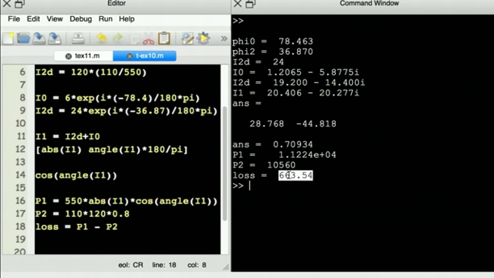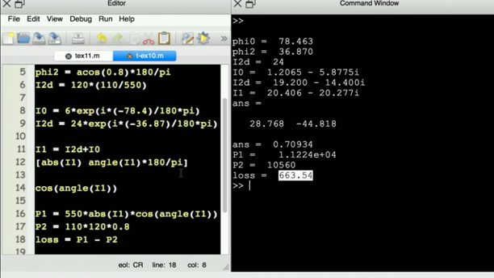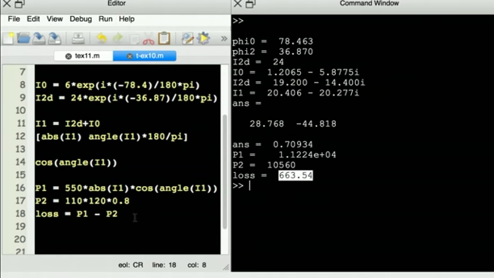Here 663 watts is the power loss, and this loss will exactly match with the core loss of the transformer. So what is P naught? P naught is nothing but V1 into I naught, so 550 multiplied by the no load current, that is 6 amperes, and cos of phi naught, that is 0.2. So it should match with this.